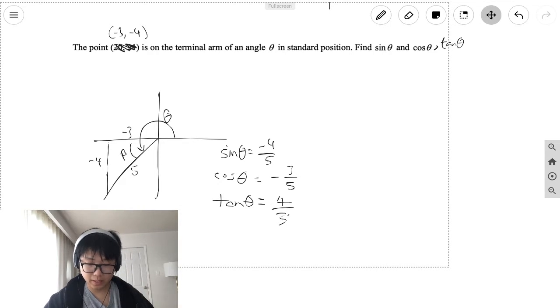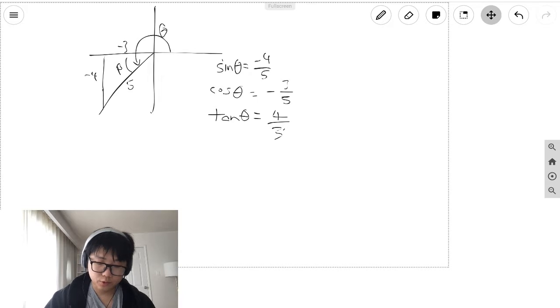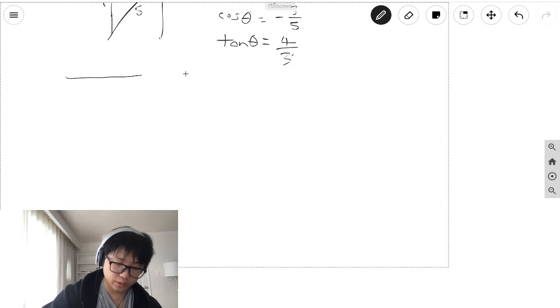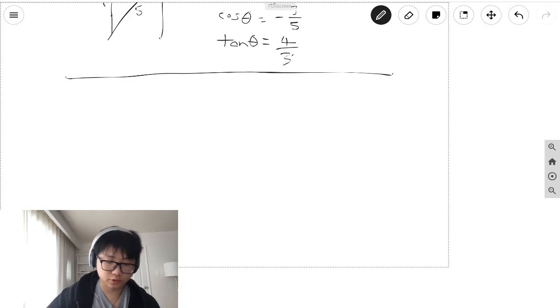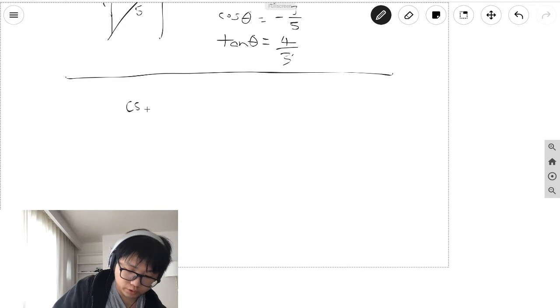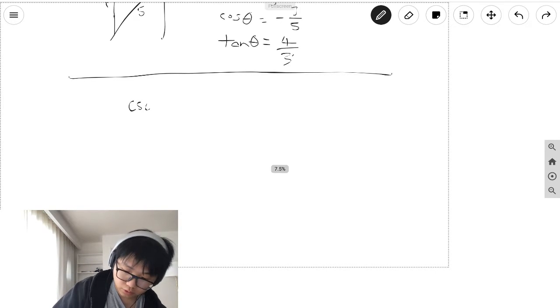Yep, exactly. There you go. All right. So now one more thing I'm going to throw in the mix is your reciprocal functions. So cosecant, and this is not too difficult, cosecant theta is really just 1 over sine theta.